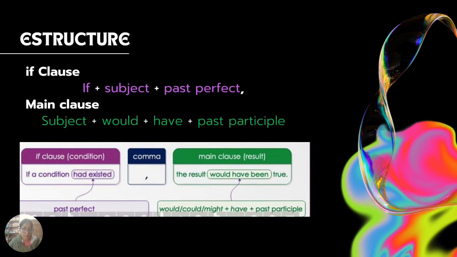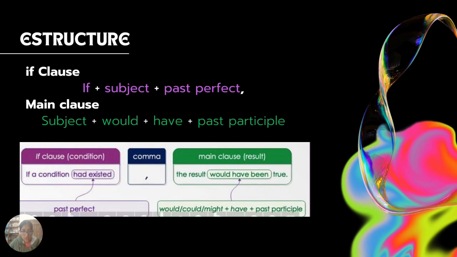For the main clause, its structure is the subject plus would plus have plus verb in past participle. Okay, an example: if a condition had existed, the result would have been true.